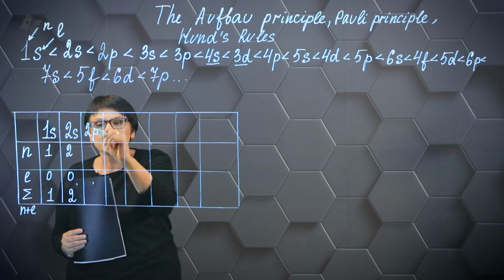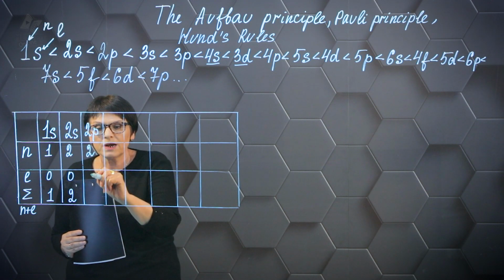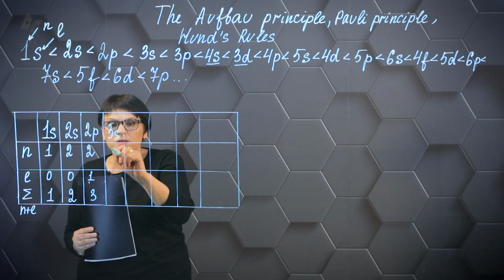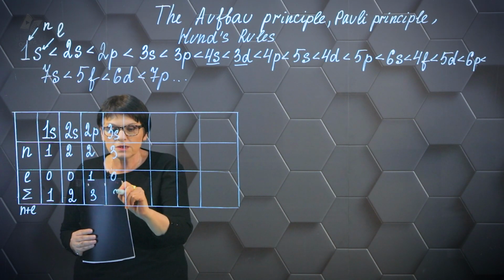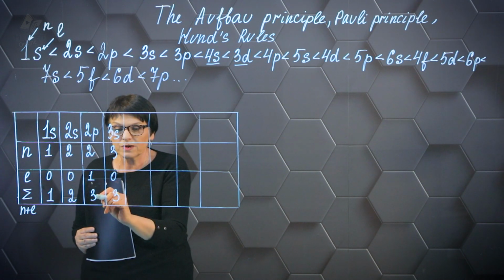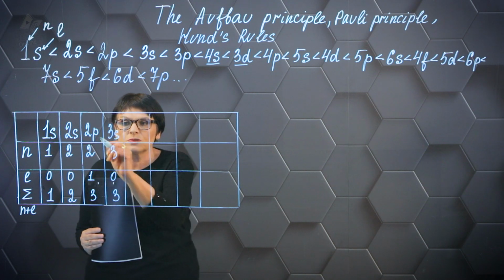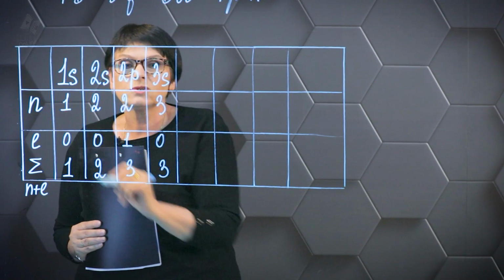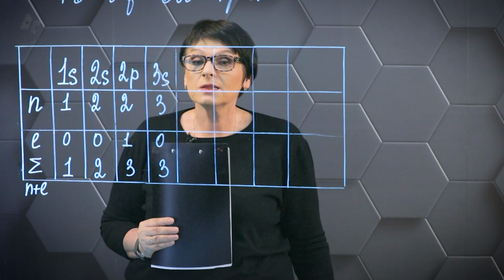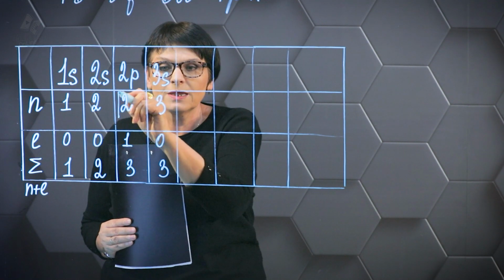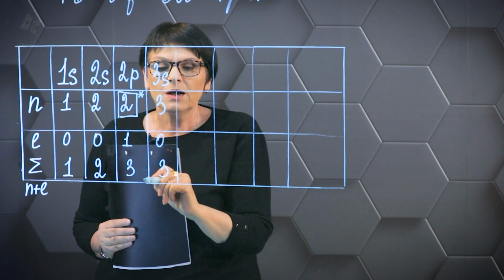Next, 2p. Then the next one will be 2 here. There will be 1 and 3. 3s. 3 here would be 0 and equal to 3. Now let's see, formally they have these sums equal to the same value of 3. Why then does 2p come before 3s? The point is that the principal quantum number is not accidentally named the principal number, because the smallest value of it should go before, precisely because the principal number is the smallest.